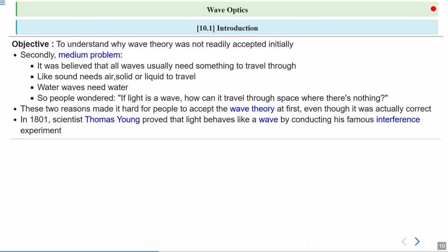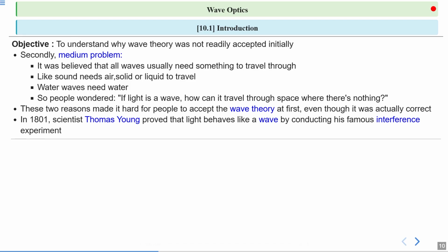You may have studied this in waves in chapter 11. Waves interfere or superimpose to give constructive or destructive interference. So he showed the interference of light waves and hence proved that light behaves like a wave.